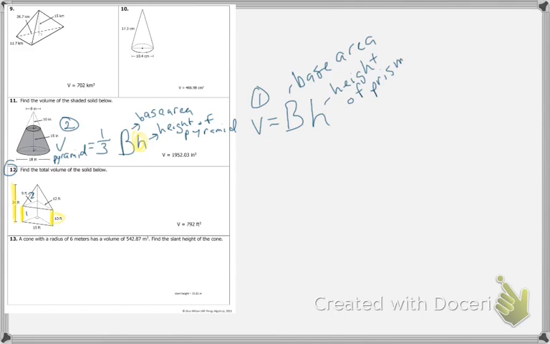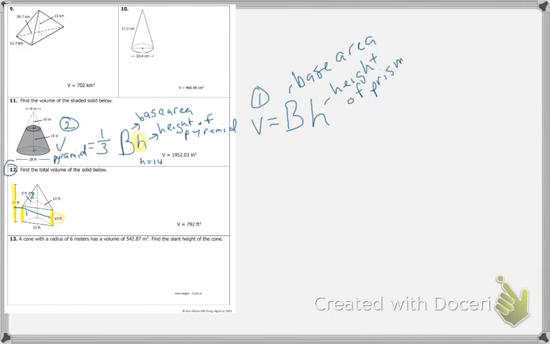So the height of the pyramid on top is 14, 24 minus 10.